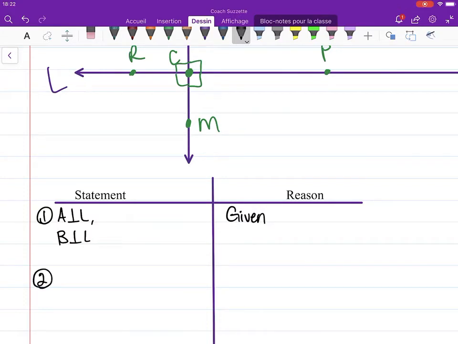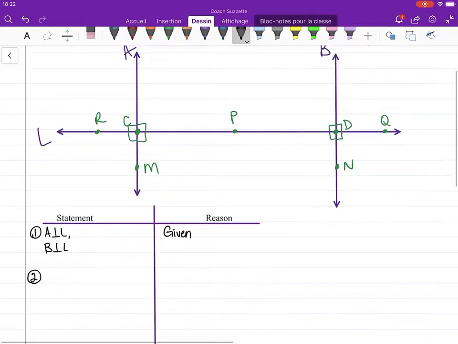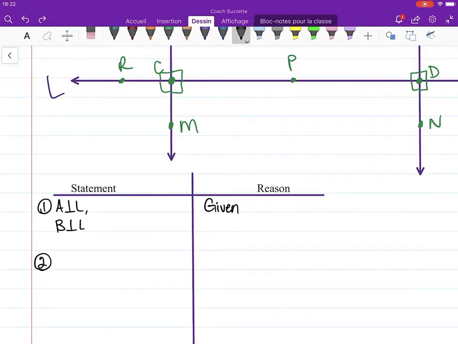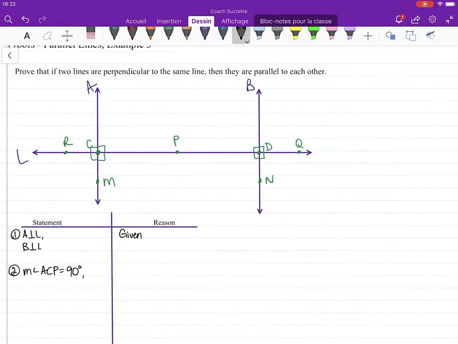Number two, we want to explicitly name some 90-degree angles. Let's say I want to mention those two. So that would mean angle ACP is a right angle, so it's 90 degrees. Measure of angle ACP equals 90 degrees, and, well no, let me keep it separate.